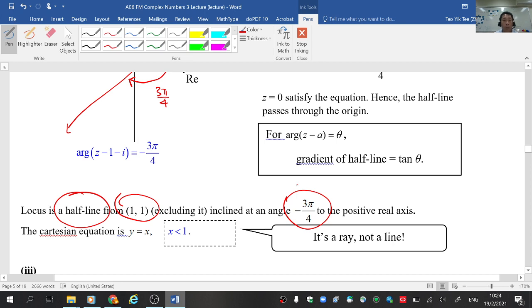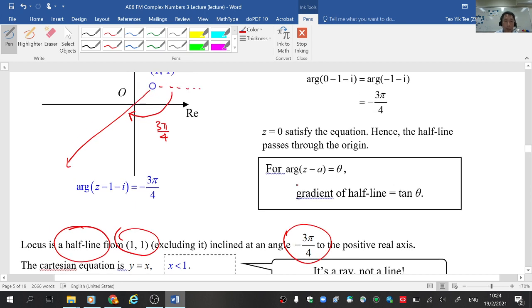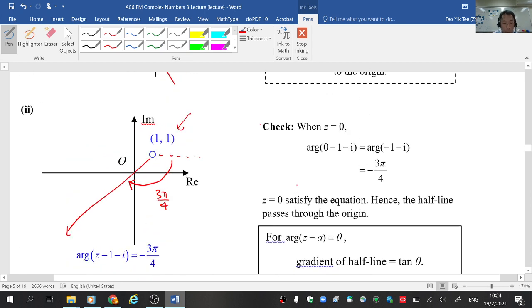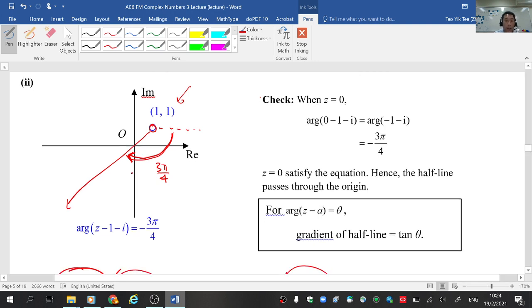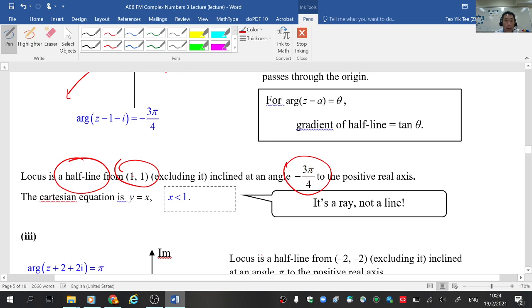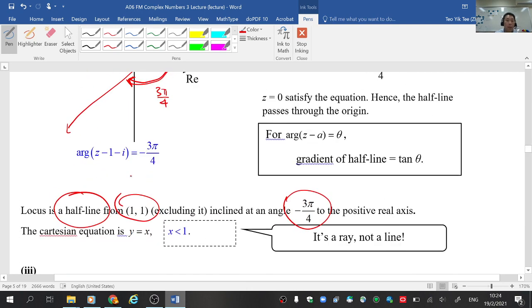Then, if I want to know what is the Cartesian equation, same thing, you fall back onto secondary school knowledge. I have a point, I have an angle. This angle is sufficient to give me the gradient of this line, which is tangent of 3 pi over 4. So the equation of the line is just y equals x.